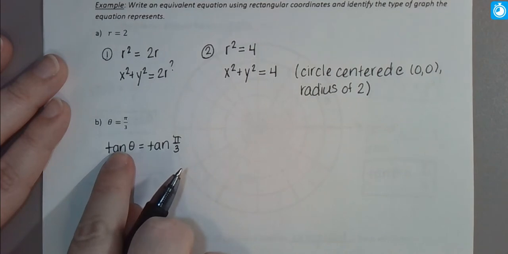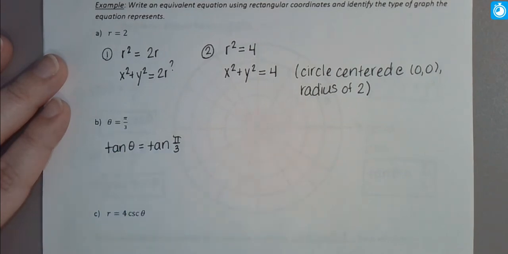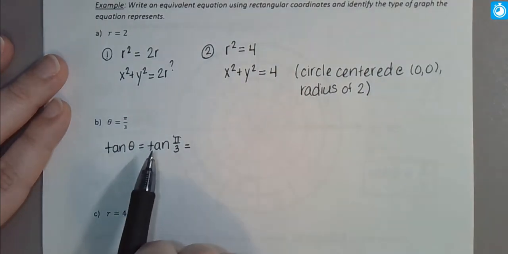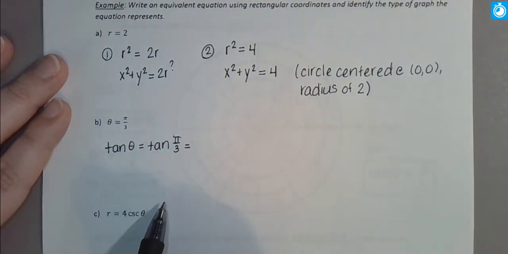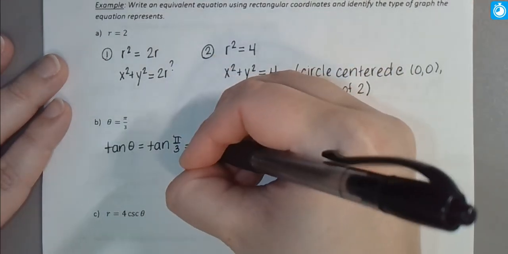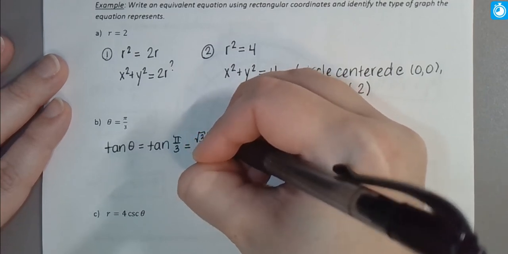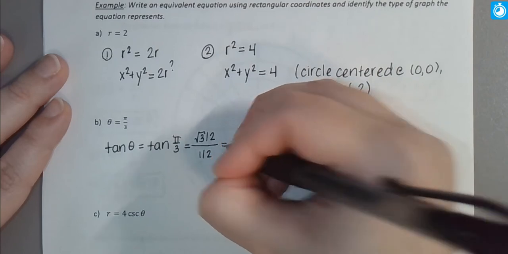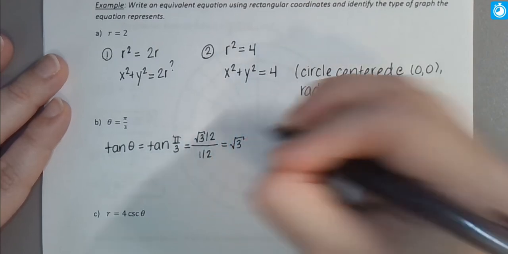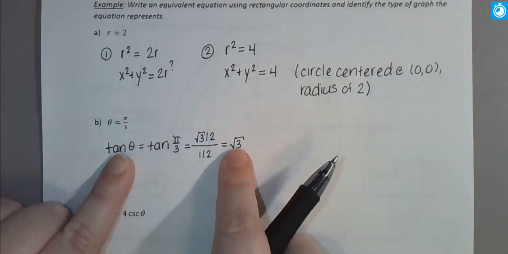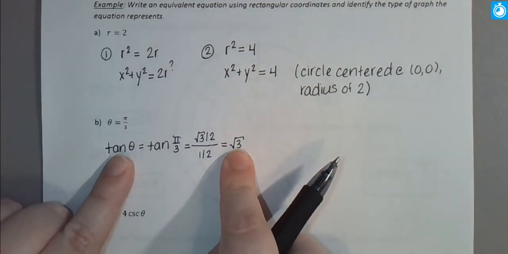Tangent of pi over 3 is just going to be a number. And remember, it's going to be the sine of pi over 3 divided by the cosine of pi over 3. So at pi over 3 radians, our sine, our y-coordinate, is root 3 over 2. And our cosine, our x-coordinate, is going to be 1/2. And all of that reduces to just the square root of 3. So we now have tangent of theta is equal to the square root of 3.